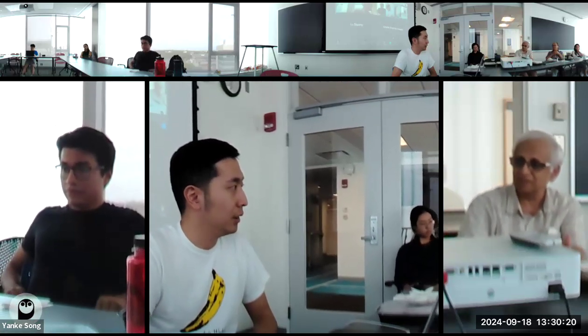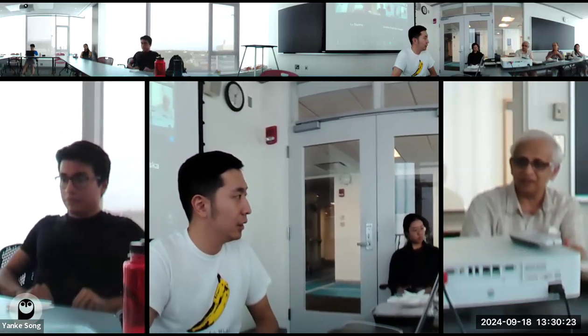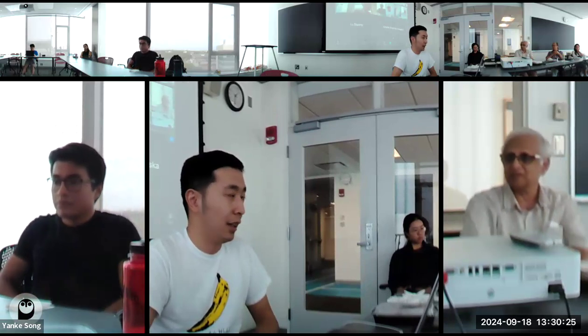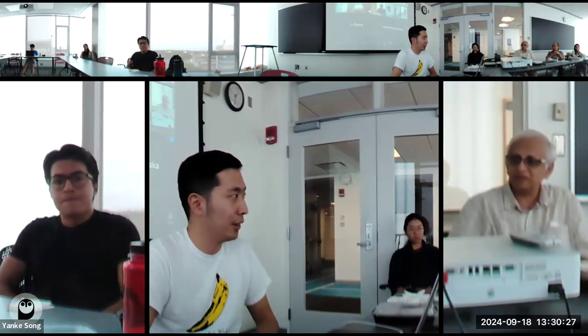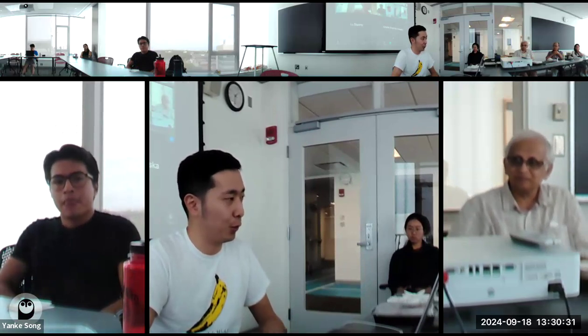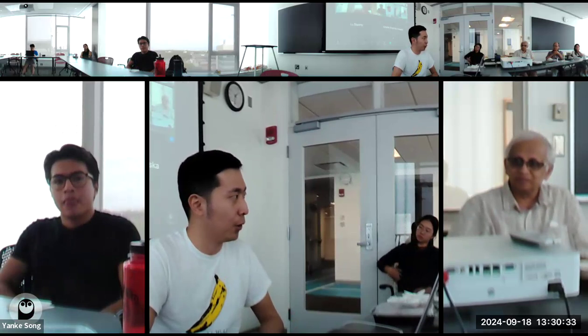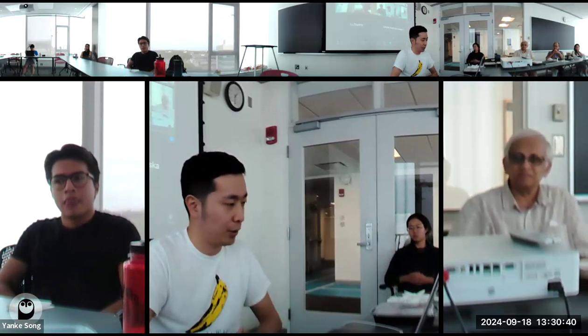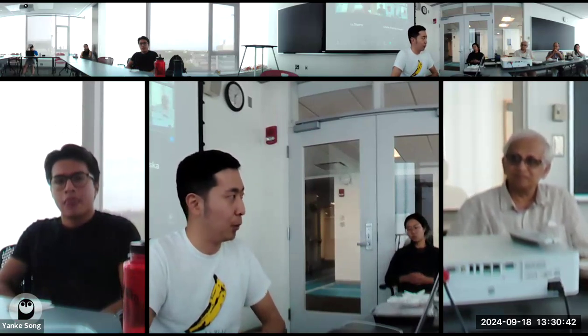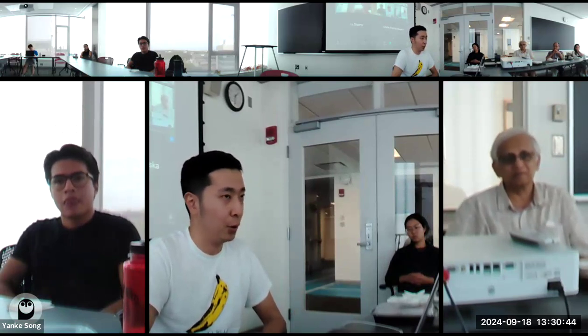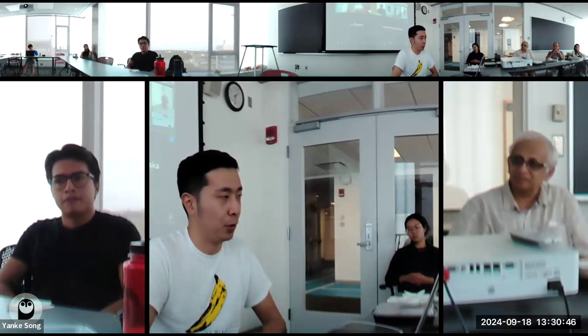Is there some bootstrap or something? No, not a straightforward way. But theoretically, if you change this to a variational autoencoder, then it's basically like a Bayesian posterior. Right now it's just the maximum posterior, but you can also do the full posterior likelihood.